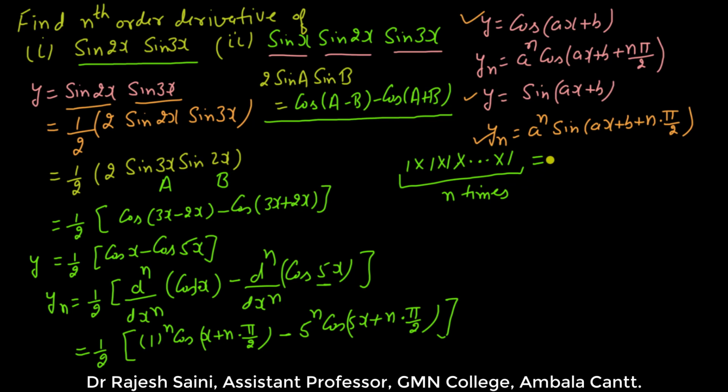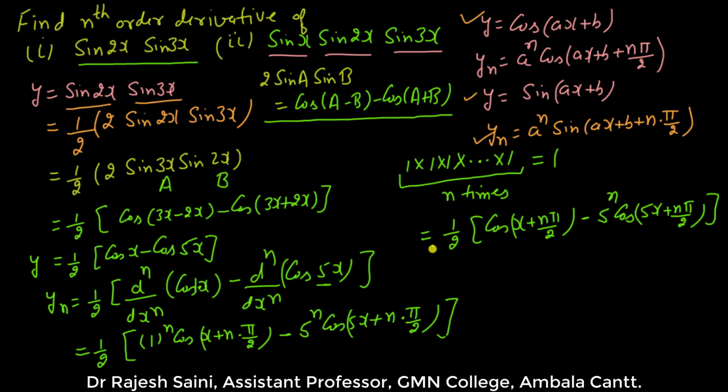So what will be the effective result? 1. So this is further equal to, you can write, 1 by 2 [cos(x plus n pi by 2) minus 5 raised to the power n cos(5x plus n pi by 2)] and close the parenthesis.